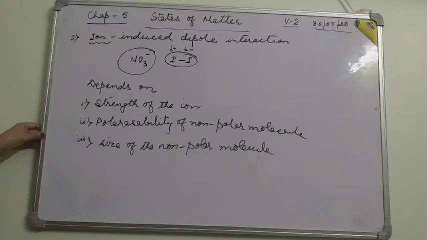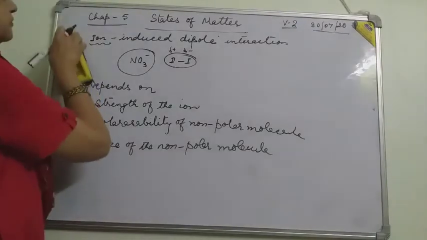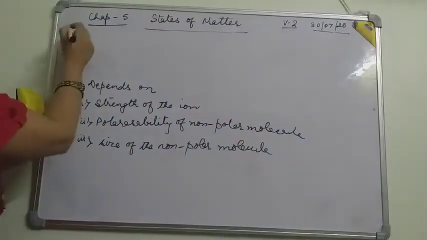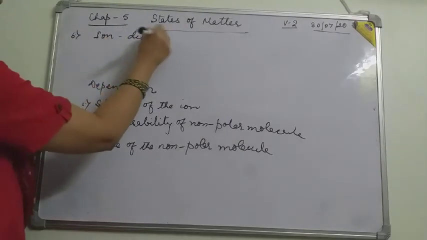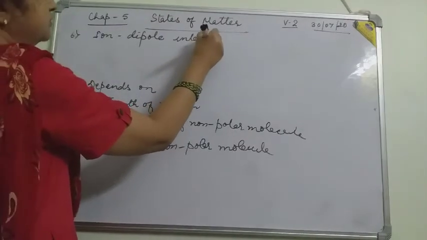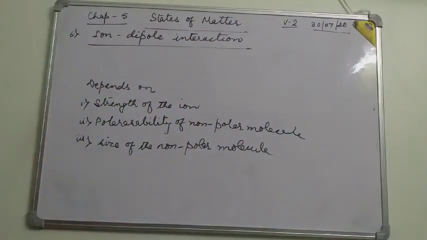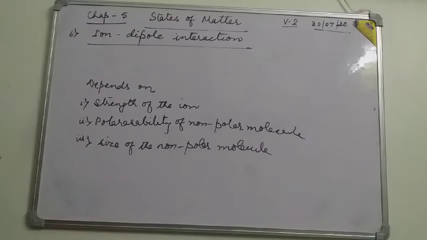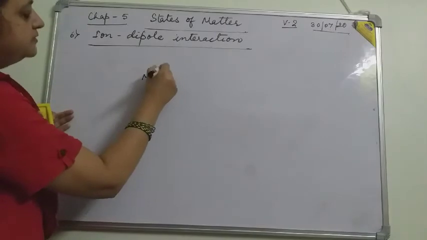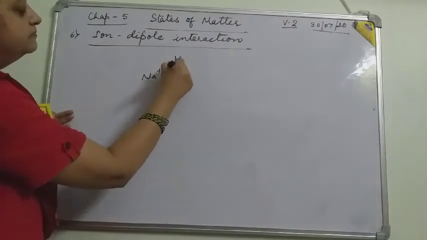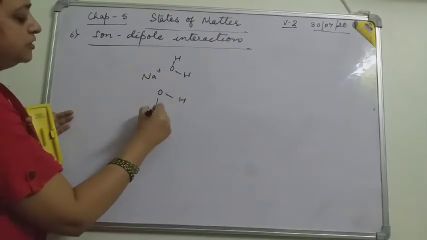Another is ion dipole interaction. Ion is present and dipole is present. Sixth, ion dipole interaction. The example of ion dipole interaction is sodium plus and a water molecule.